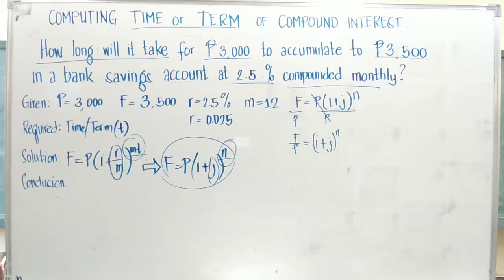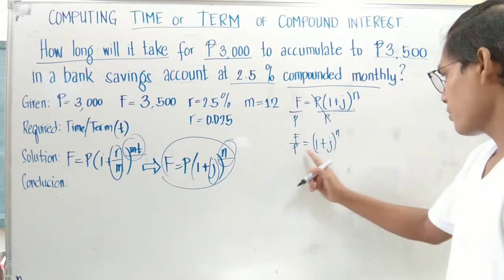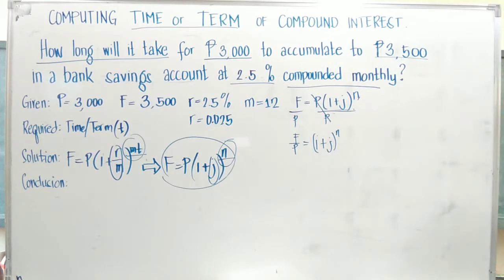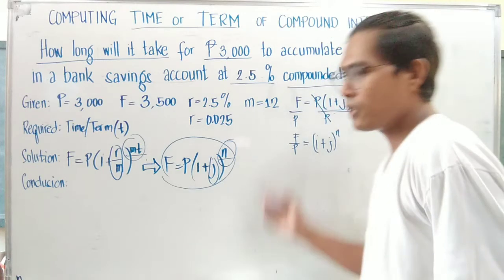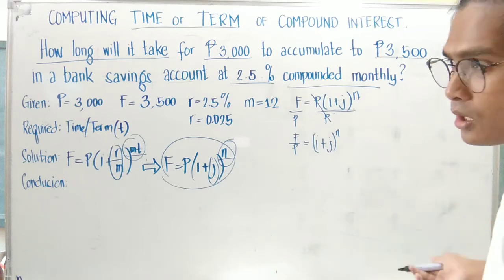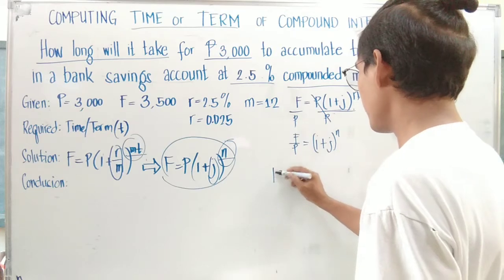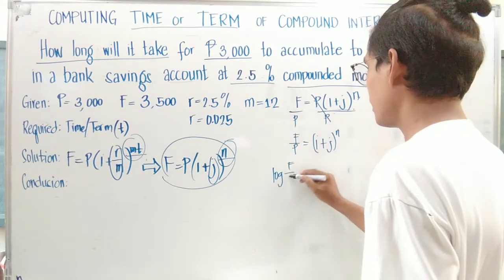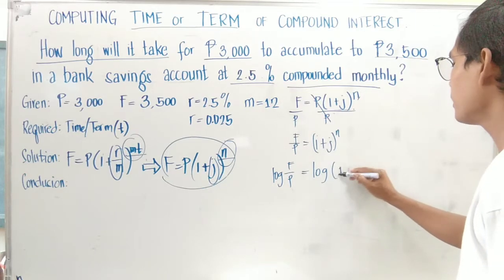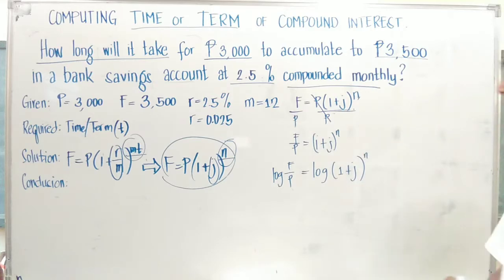So in extracting these equations, we have exponents, right? So for an exponential function, the inverse can be extracting of roots or logarithmic form. So we can solve it using log of F over P equals log of 1 plus j raised to n.